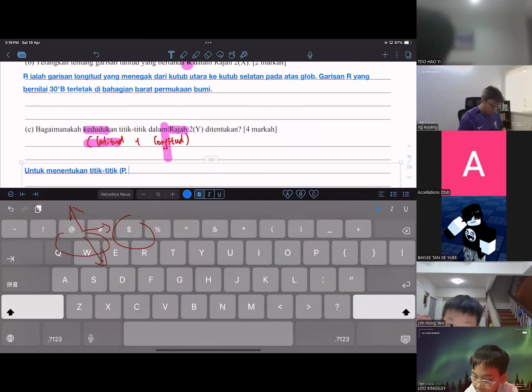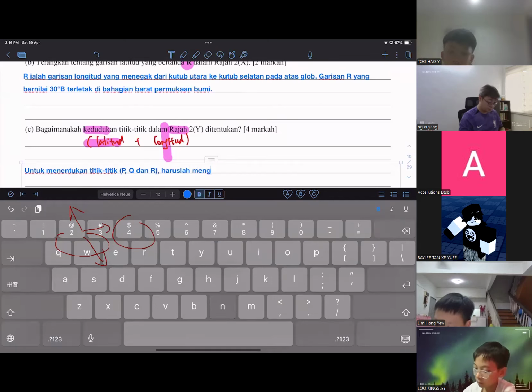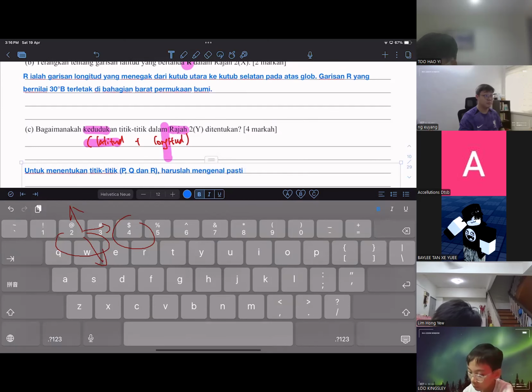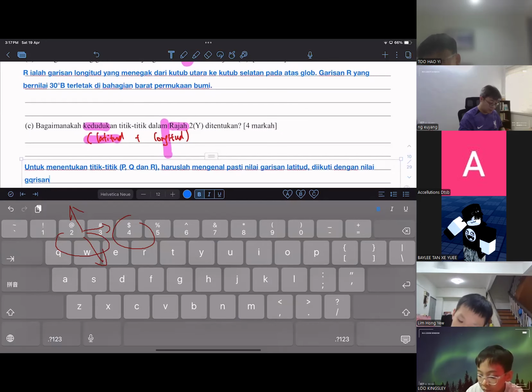So P, Q dan R. Haruslah mengenal pasti nilai garisan latitude, sama diikuti dengan nilai garisan longitude.